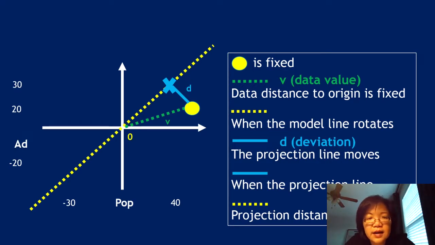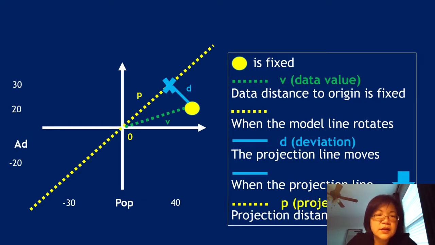When the yellow dotted line moves away from the data point, D will become bigger. Now, when the projection line moves, the projection distance will go in the reverse direction of D. Okay, so P is the value of projection.